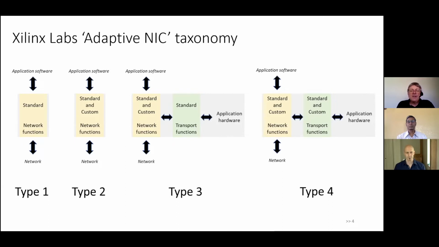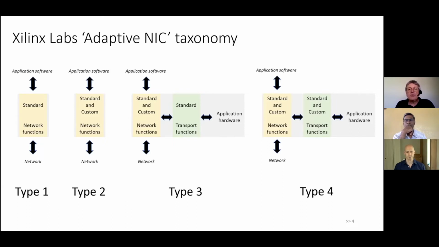This thing going off to the right is where you start terminating transport functions, for example, and instead of having packets of data, turn it into streams of data, or maybe data in memory, which can be handled by applications.